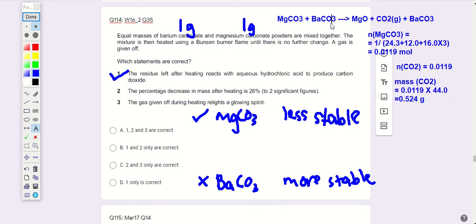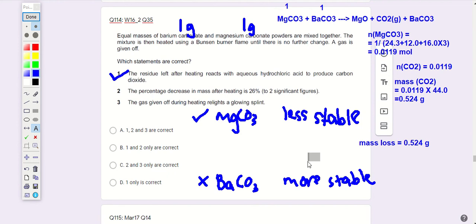Now, initially, I have 1 gram of magnesium carbonate and 1 gram of barium carbonate. At the end, I lost 0.524 gram of carbon dioxide. So the total mass is 2 gram, and the mass loss is 0.524 gram because that is the mass of carbon dioxide.